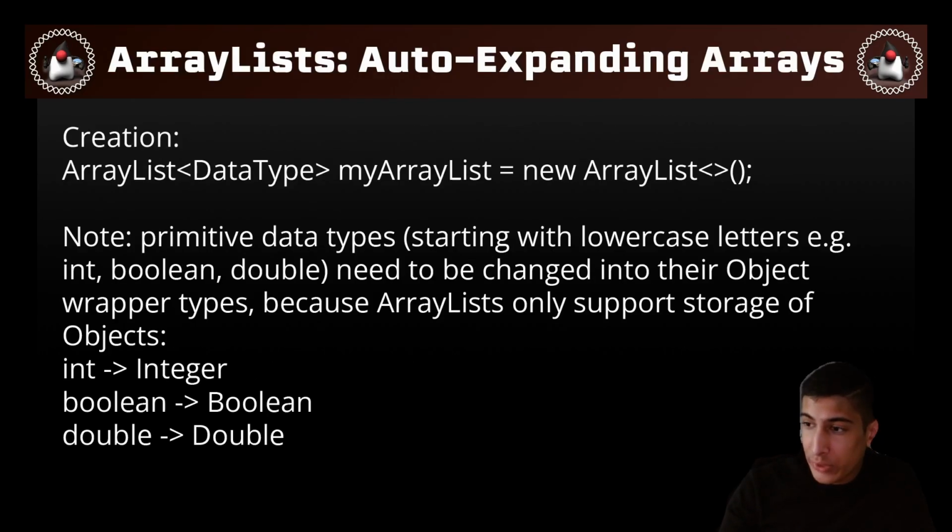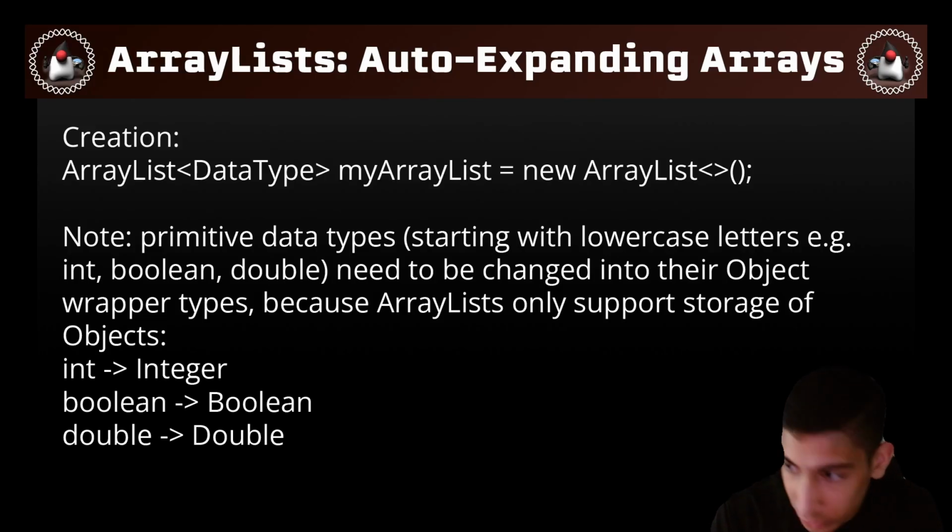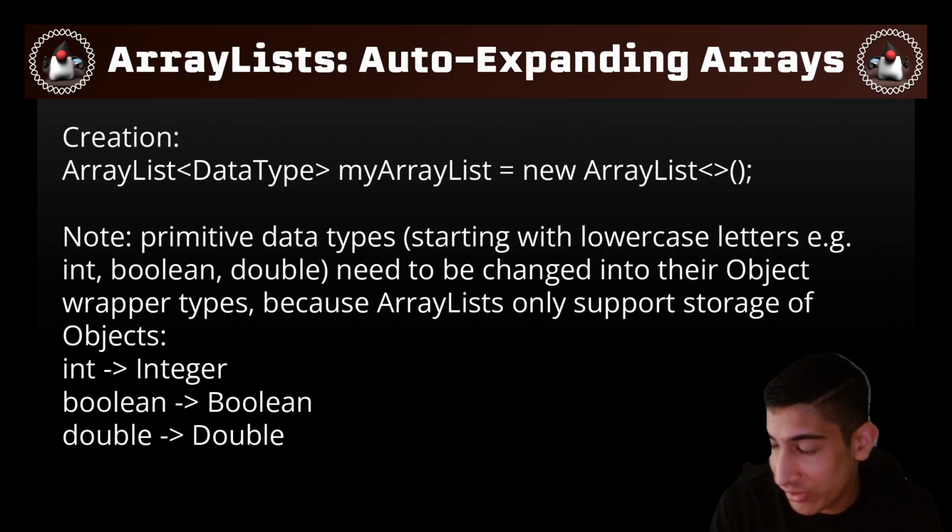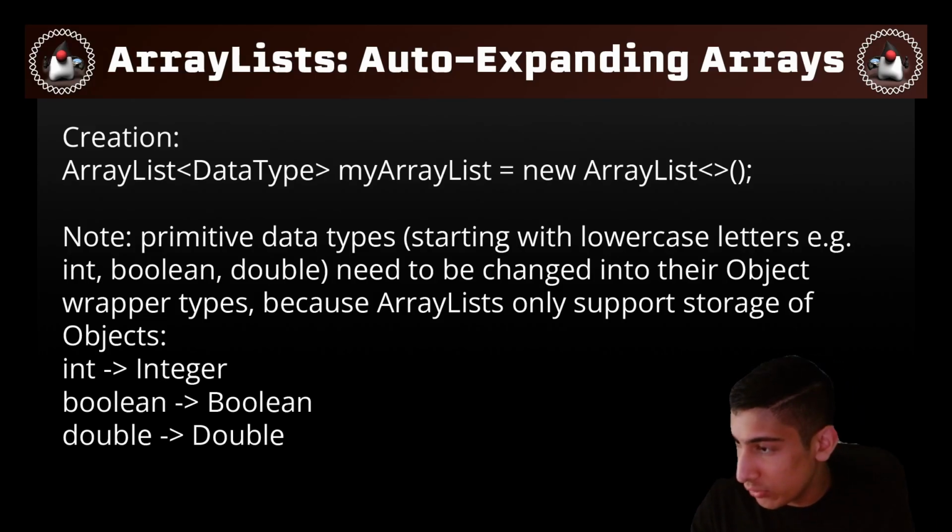So the way we create an array list is firstly by typing ArrayList and then in angled brackets, which are the less than and greater than signs for the opening and closing.